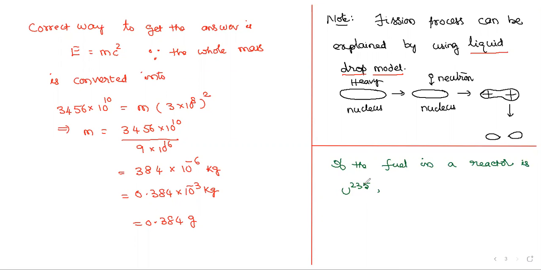Why? Because not only uranium-235, even plutonium you can use, or uranium-233 you can use as the fuel. But more frequently we use uranium-235 only. Why? Because in the fission processes you may get plutonium or uranium-235 also. That is depending upon the process. Okay.